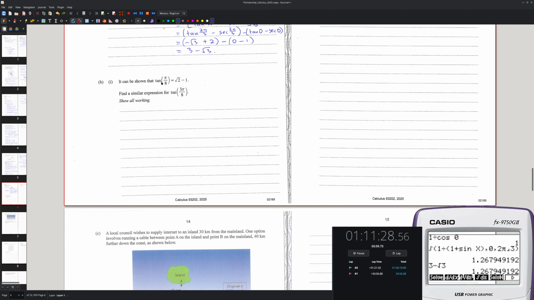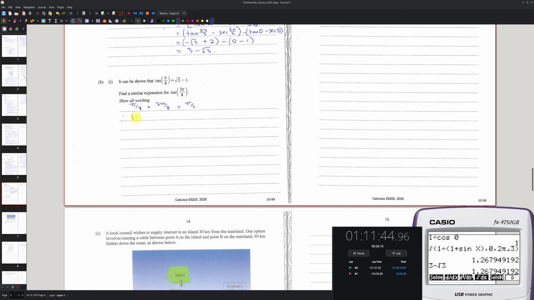Okay, so we use the compound angle formula, right? Obviously pi on 8 plus 3 pi on 8 is equal to pi on 2, right?